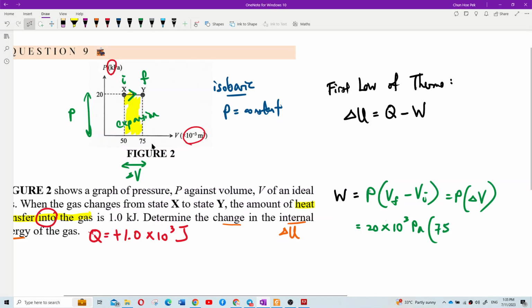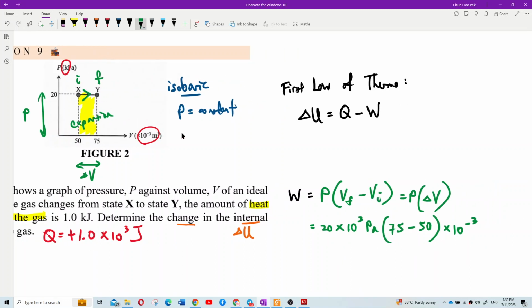How? Final minus initial. Final minus 50. Be careful, here got exponent. So just right beside there, exponent negative 3. Okay? Meter cube. Everything in SI unit.